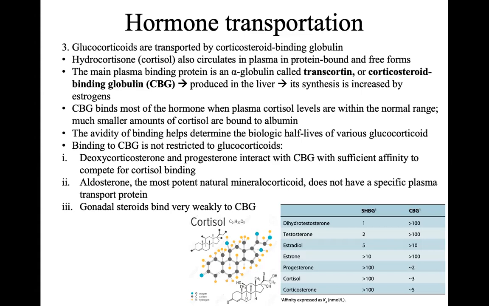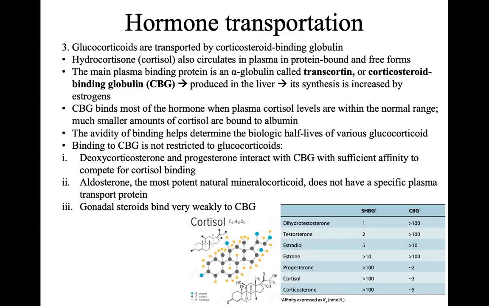However, binding to the CBG is not restricted to glucocorticoids. Some other corticoids can bind to the CBG. For example, deoxycorticosterone and progesterone can bind to the CBG with sufficient affinity to compete for cortisol binding.